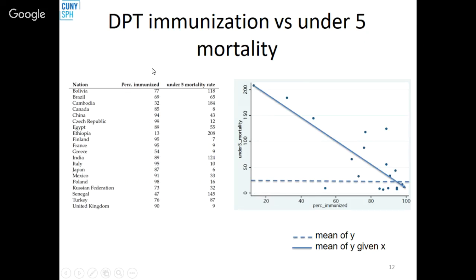The percentage of children under 5 that are immunized is plotted on the x-axis, and the under 5 mortality rate is plotted on the y-axis. This is the number of infant deaths, I think, per 100,000. So how would you characterize this relationship?